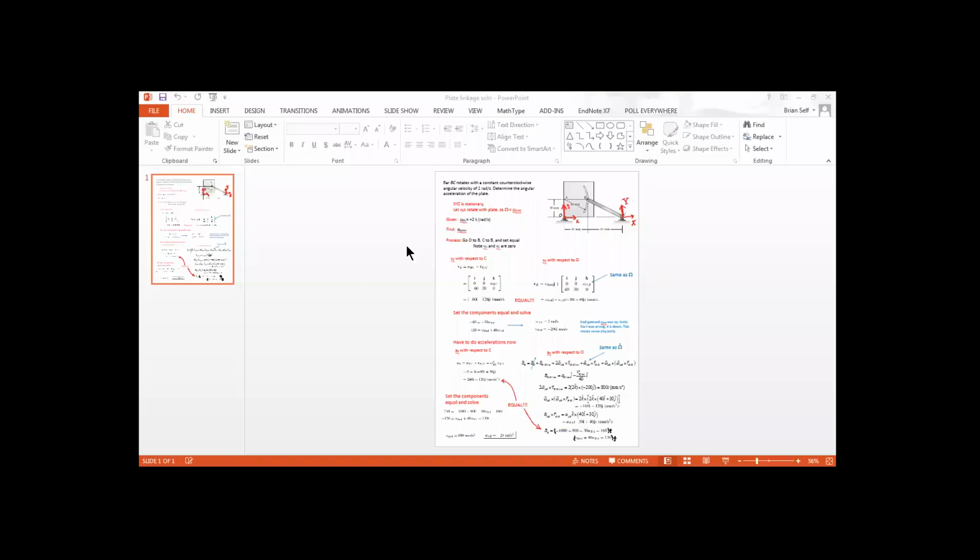Let me see if I can get into the share thing again. I'm going to try to do a new screen share. Okay, can you see that question you had up there?